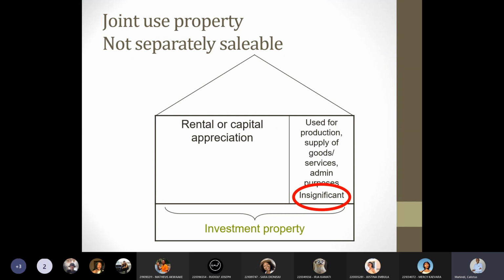Now we look at this image. We have a single house with different uses. This is called a joint use property.